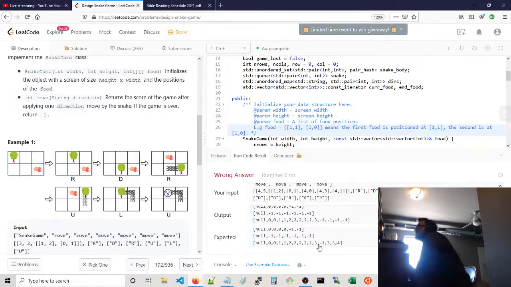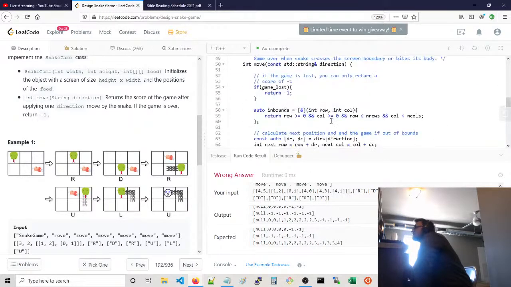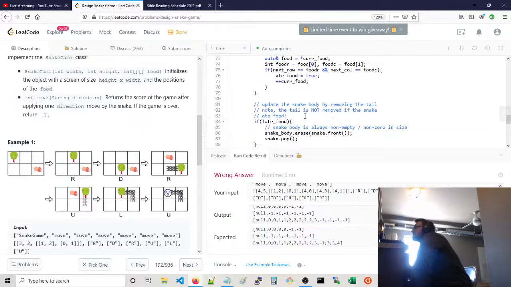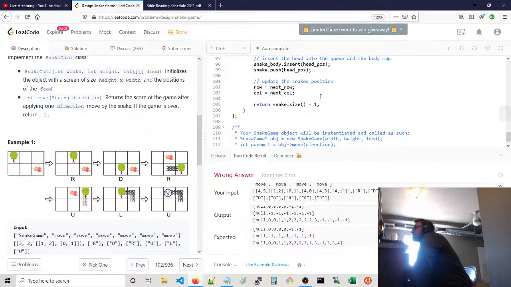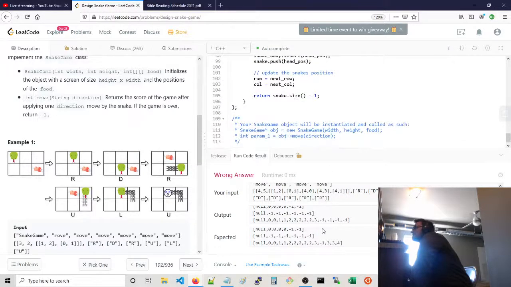Works on their test cases, but technically this is an error on their end. If you kept moving after the game was over, instead of returning negative ones, you'd return the score, which is definitely not correct.